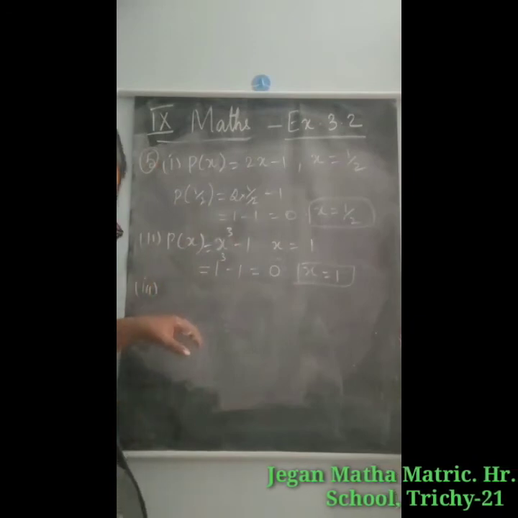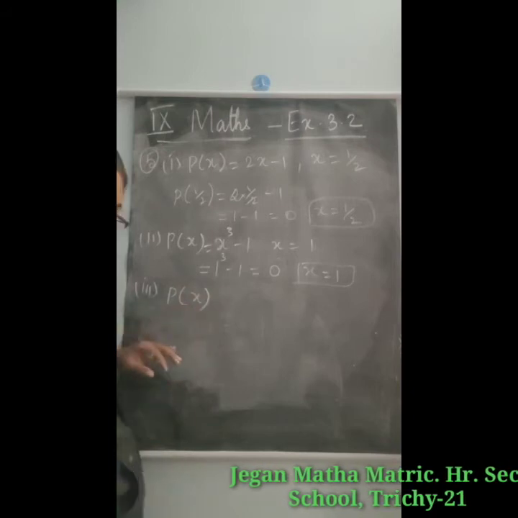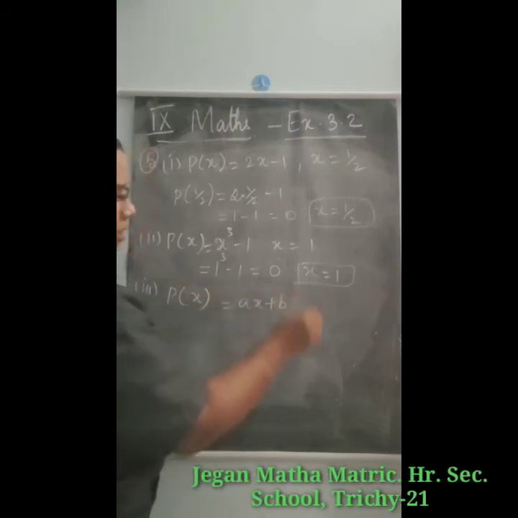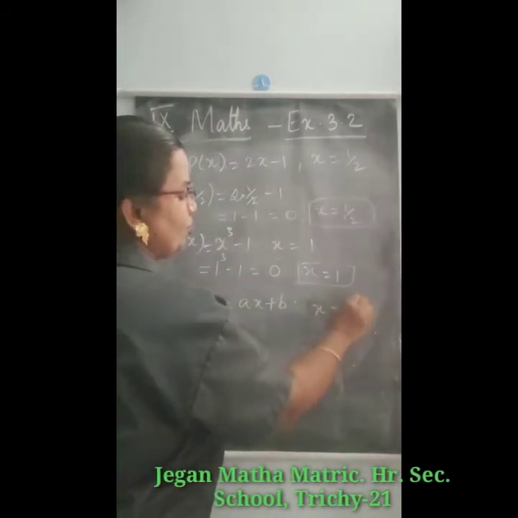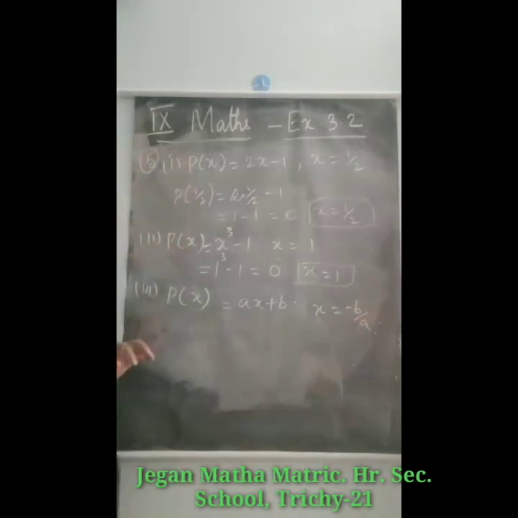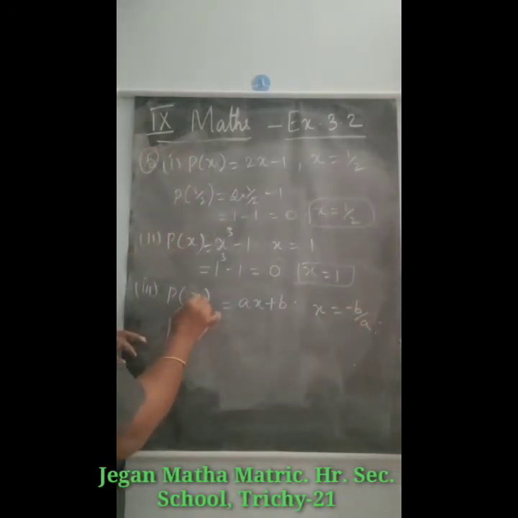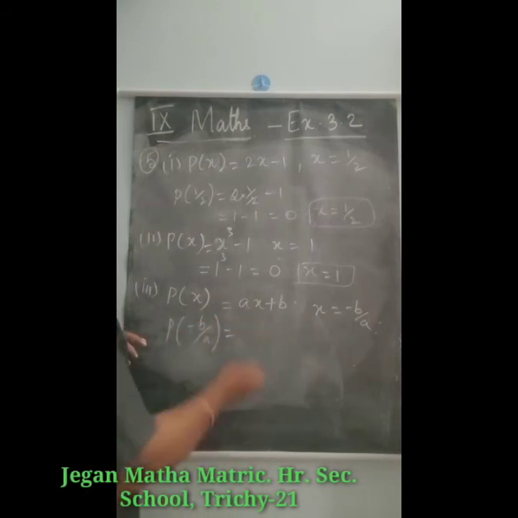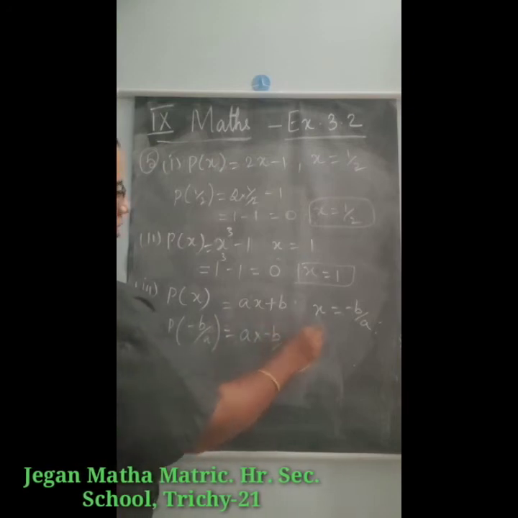Third question. p of x is equal to ax plus b. And what is x? x is equal to minus b by a. So instead of x in p of x, you substitute minus b by a, which is equal to a into minus b by a plus b.